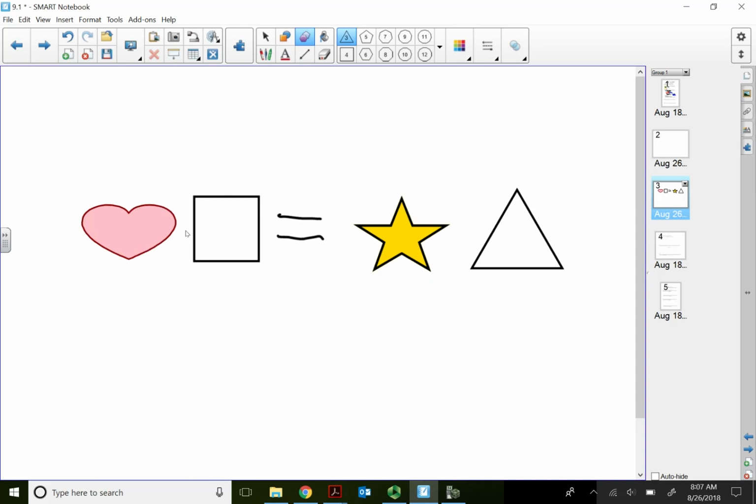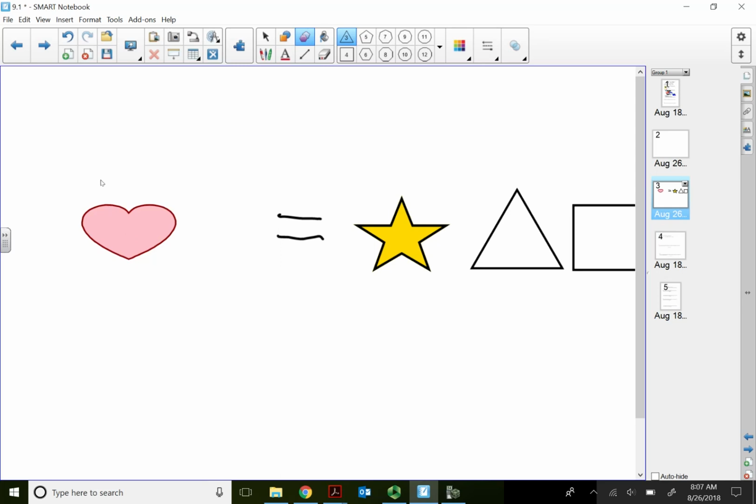If I want my heart to be by itself on one side of the equal sign, because solving an equation is to isolate the variable on one side of the equal sign, what I can do is pick up my square and move it over to the other side.